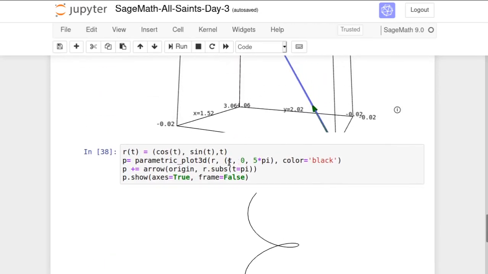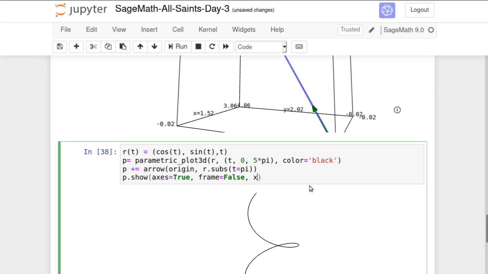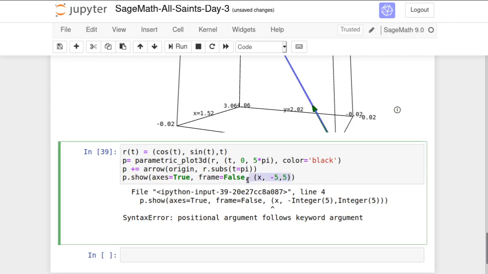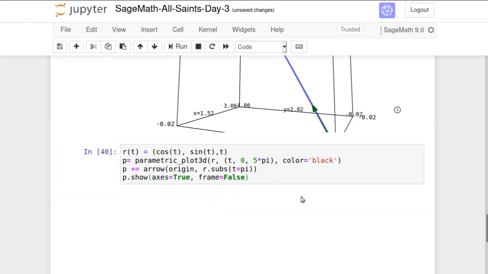Maybe we need to specify the range of this plot also, but the range is already specified here as t from 0 to pi. Maybe the x and y axis ranges we have to specify here, but we are doing everything in parametric terms. If I specify x from -5 to 5, let me see what happens. Positional argument error, so this is not correct. Somehow we have to increase the axis size; I need to check that command.